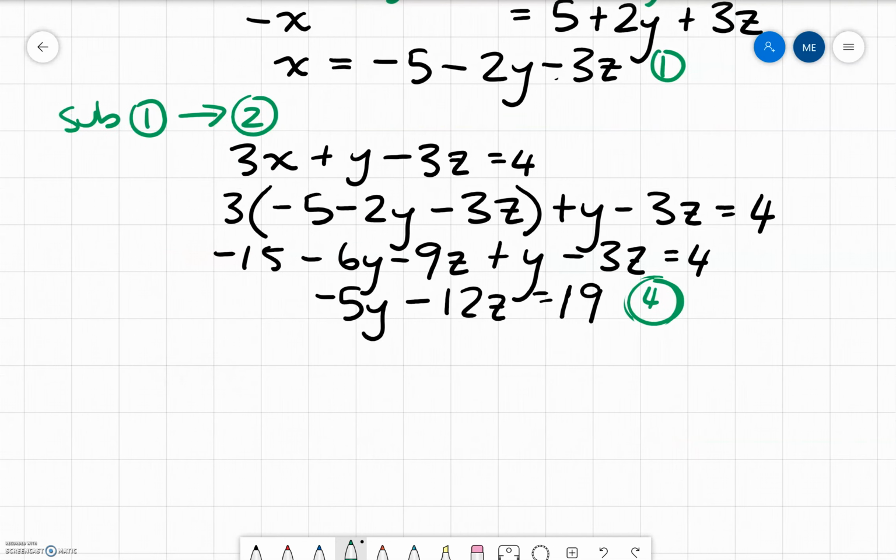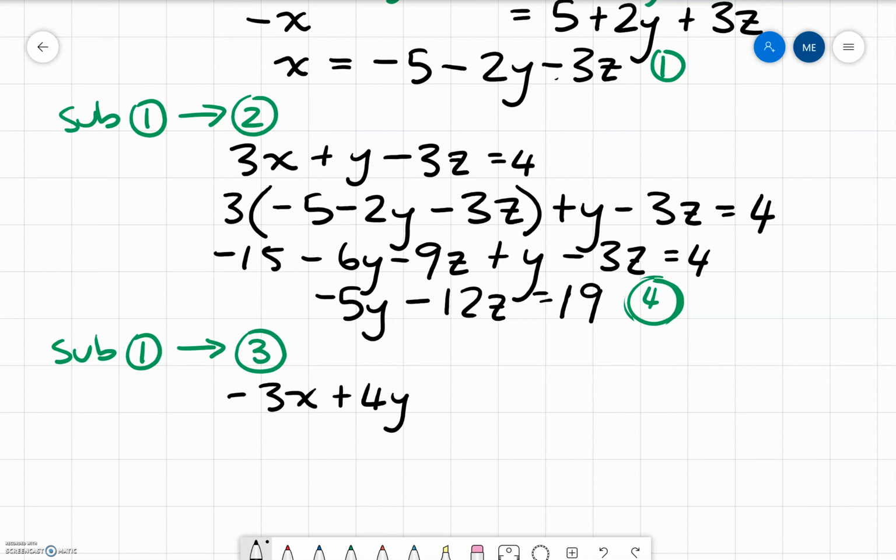Now I'm going to follow the same steps. I'm going to substitute equation 1 into equation 3. And equation 3 is negative 3x plus 4y plus 7z, which equals negative 7.